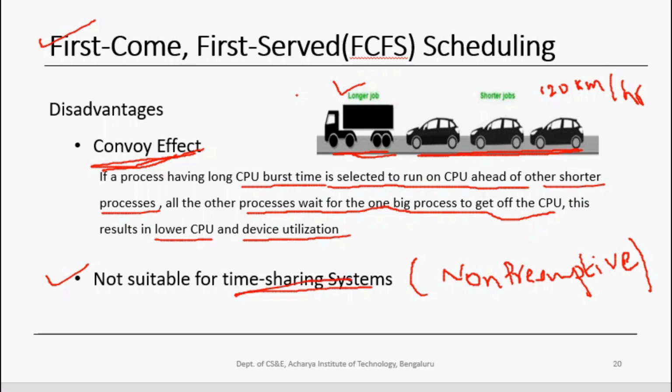So this kind of algorithm is not suitable for time sharing systems. So these are the disadvantages. Now let's see how these disadvantages are overcome in the other scheduling algorithms that we are going to discuss after this.